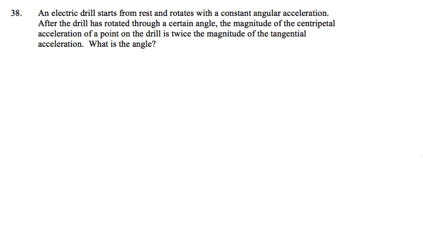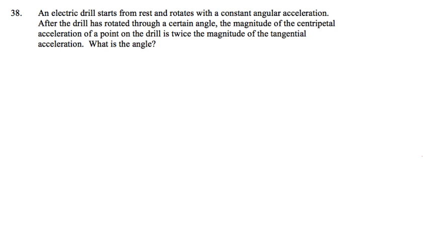After the drill is rotated through a certain angle, the magnitude of the centripetal acceleration of a point on the drill, it doesn't matter where you are on the drill, just like the last one, it didn't matter where you were from the axis of rotation. There's a point on the drill where the centripetal acceleration is twice the magnitude of the tangential. So my starting point is this.